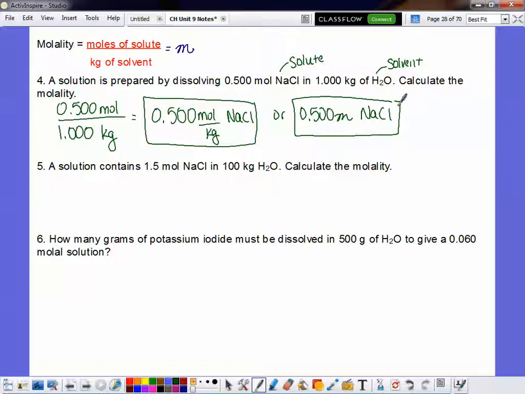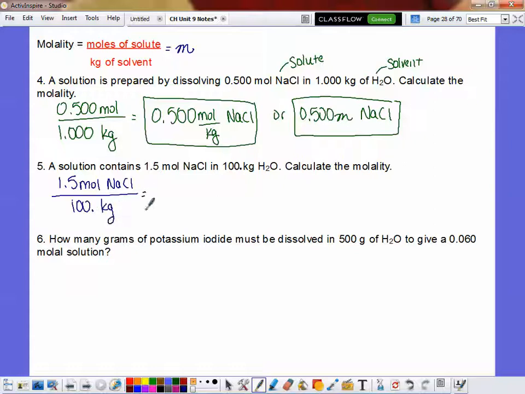Let's look at the next one. I'm going to change one thing just for sig fig purposes. I'm going to make this have 100. kilograms of water. So this is going to be the exact same way. We're going to take the 1.5 moles of NaCl, because that's my solute, over 100. kilograms of water.